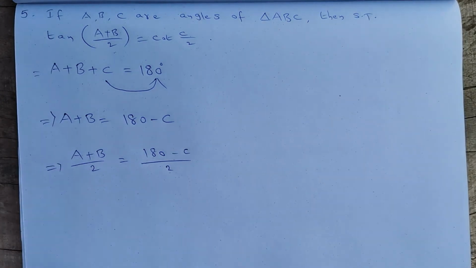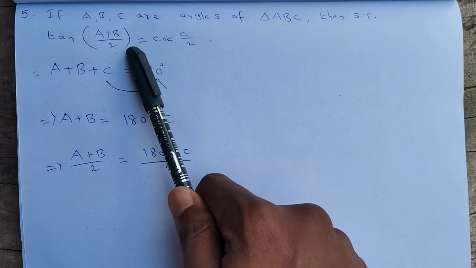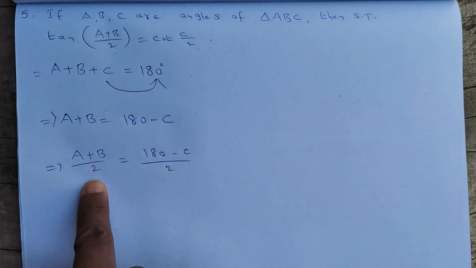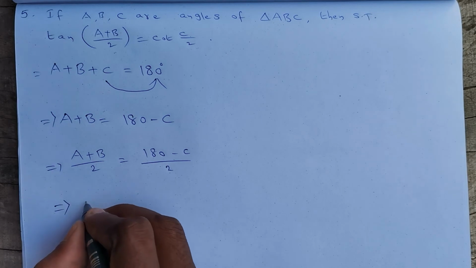So we get (A plus B) whole divided by 2 equals (180 minus C) whole divided by 2. Here on the left side in the question we have (A plus B) divided by 2 only, so I'll write the left side as it is.